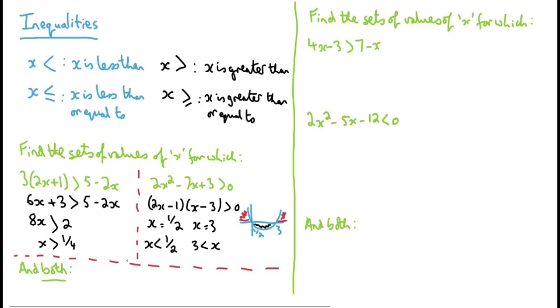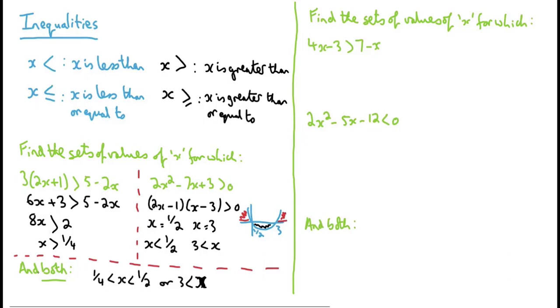To combine these, what we'd say is that, first of all, x can be between a quarter and a half, because it'll be greater than the quarter here, but then less than a half here, or it still can be greater than 3. Okay. So if you were to draw out a number line and shade in the regions, you would find, yes, these are the x values for which they work.